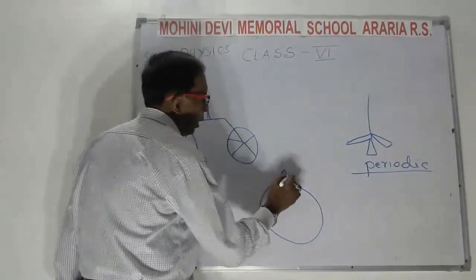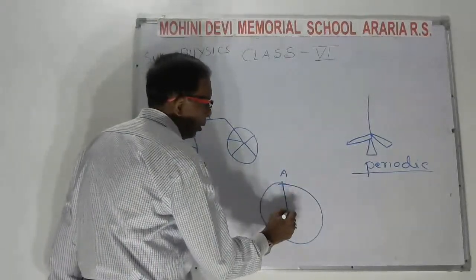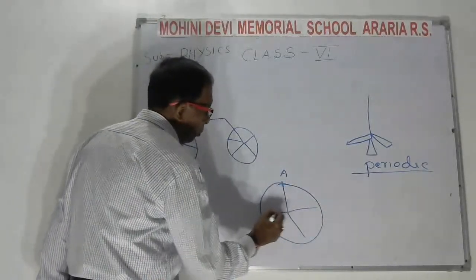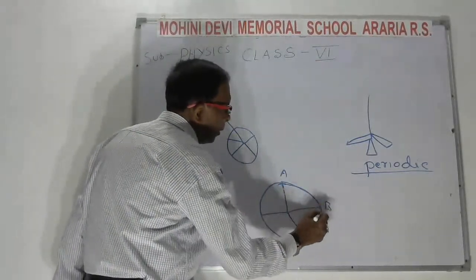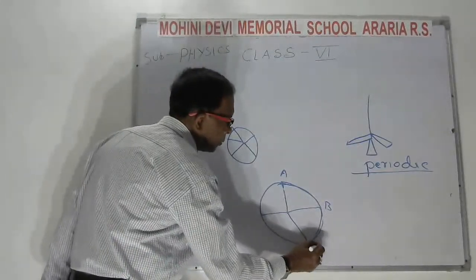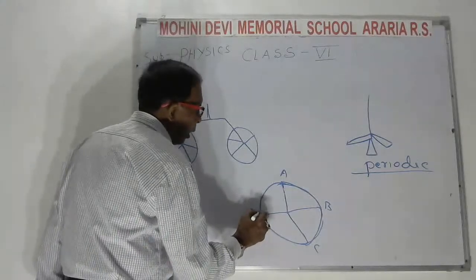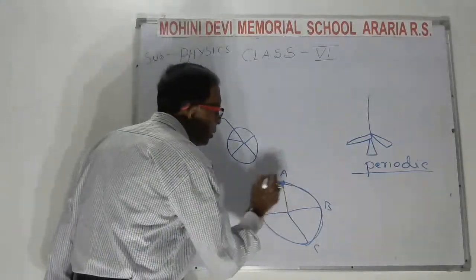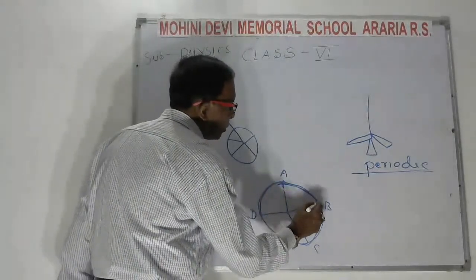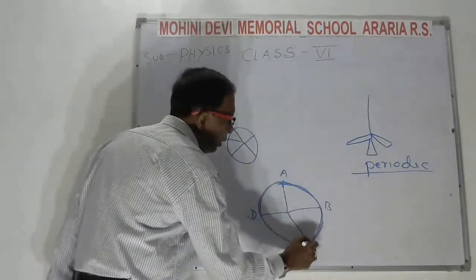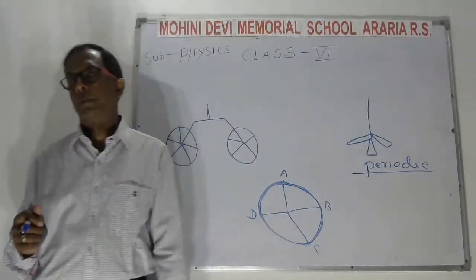Suppose this point is here, and when the circular object, I mean your bicycle wheel, starts to move, then this point comes here after some time at B, then it comes here after some time at C, and then it comes at point A after some time, and again it starts to repeat its positions: after some time it reaches B, then C, then B, and then A. It is continuously repeating itself.